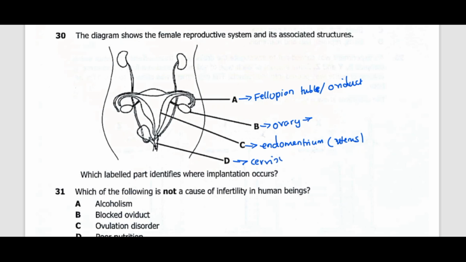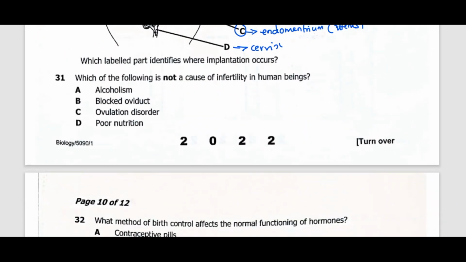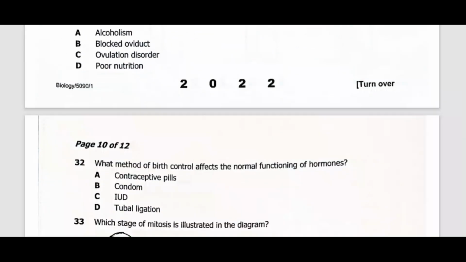Which labeled part identifies where implantation occurs? Implantation is just the process by which a fertilized egg attaches or makes contact with the wall of its mother. So the answer is C. Implantation occurs in the uterus. Okay, so now we move on to question 31.